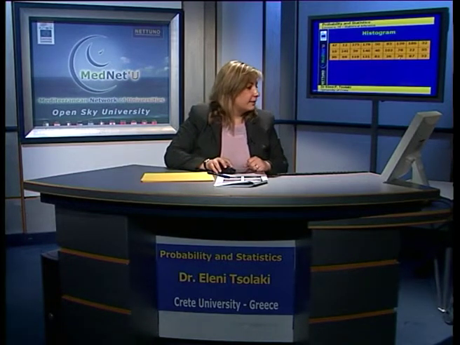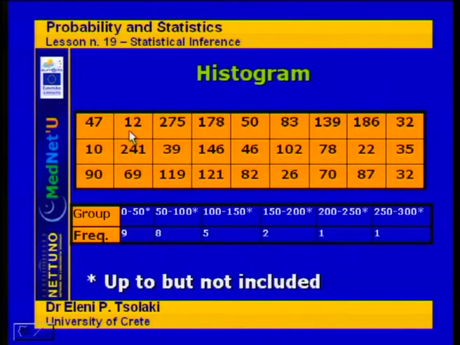So for this data, in order to make the histogram, to see the picture, we group the data, as we said before, covering all range of data. Now, the upper points are not included, and we count how many data are in each group. We count the frequency of the data. So we have 9 data points between 0 and 50.